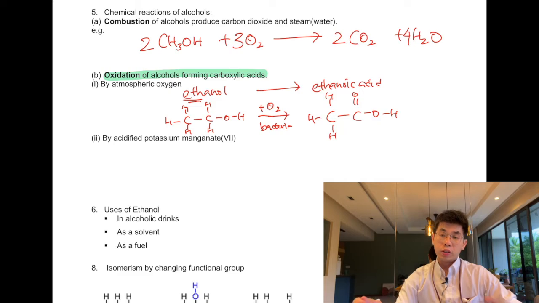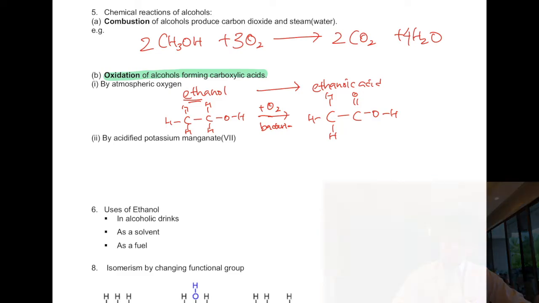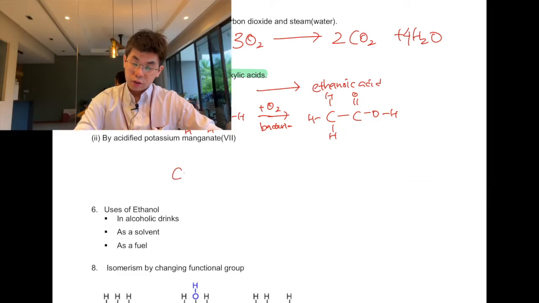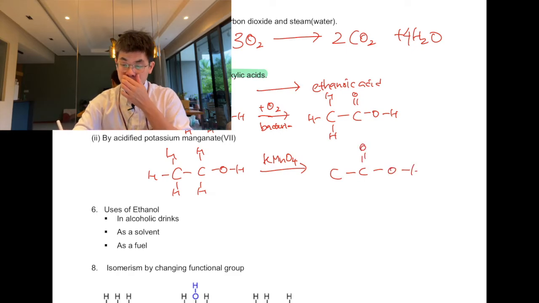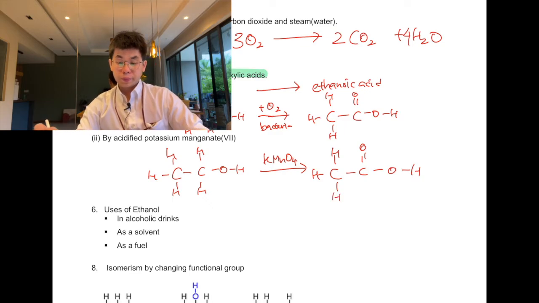Now, this oxidation can happen in the lab also. So the same process, you have your ethanol, and then you react it with our favorite potassium permanganate, manganate 7, KMnO4, to form our ethanoic acid. So same reaction, slightly different reagent, but same product.